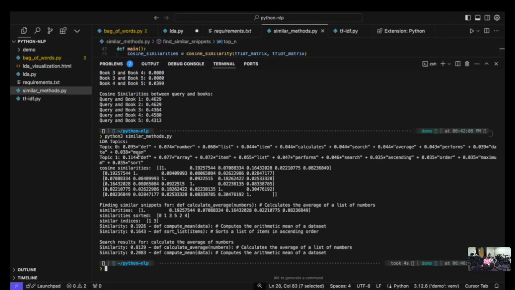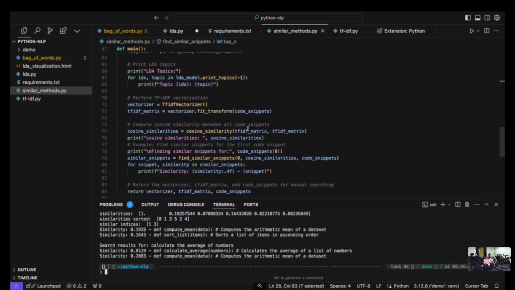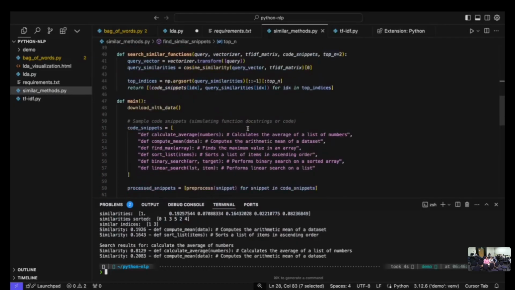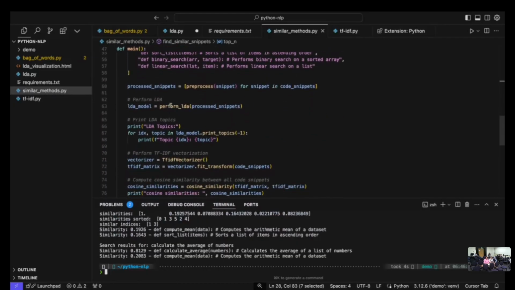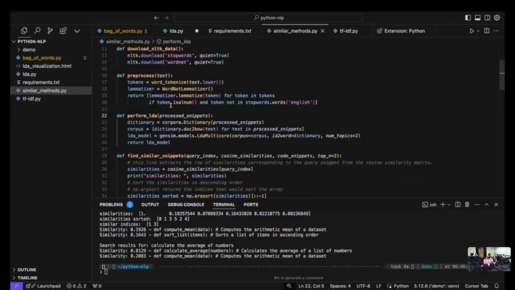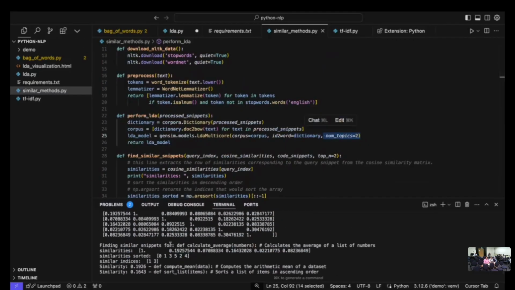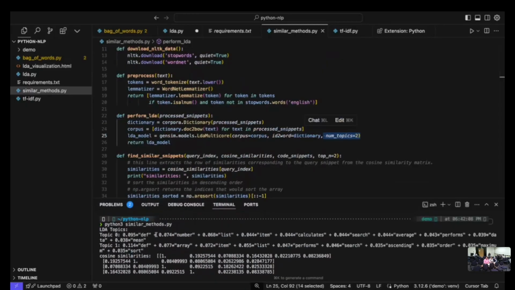Yeah. So in this, with all the methods we are seeing, we actually asked for two topics with the TF-IDF. So this is the way we were performing the LDA, and the number of topics that we provided was two. So that's why we are seeing two topics here. And with the two topics we'll see how exactly similar the methods could be, so how similar the keywords would be.